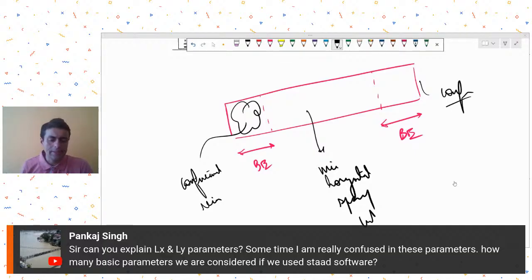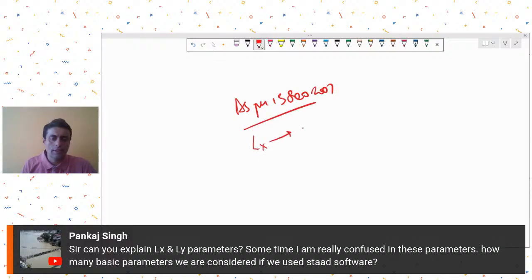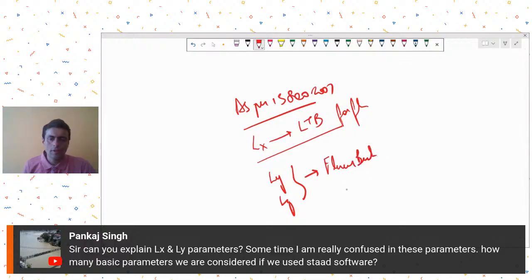Short answer, LX parameter, if I talk about as per IS 800 2007, your LX parameter is for the lateral torsional buckling, defining lateral torsional buckling length for flexure. LY, LZ are for flexural buckling for compression. So this LY, LZ that you define is used for compression capacity calculation as per chapter 7.